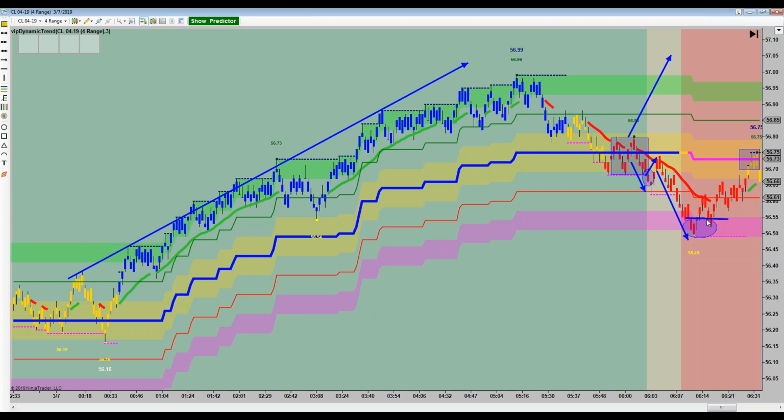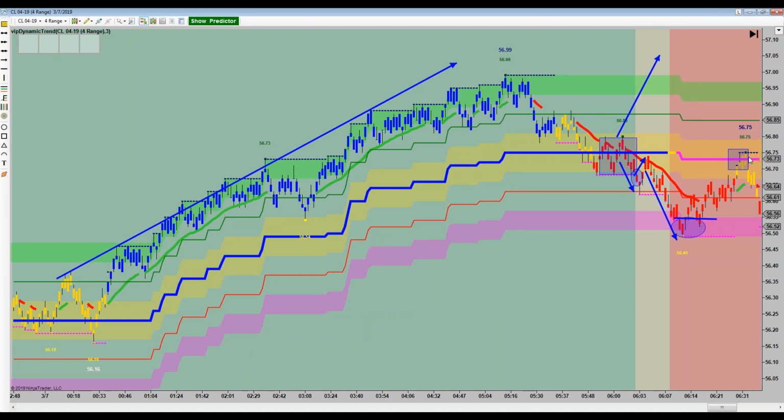Because you were getting in on the thrust. We don't want to do that. We want to avoid that, right? However, when you come back to the midband and kiss and roll over, this was the short entry right here. This unfortunate trader is just getting stopped out when the trade itself is actually setting up.